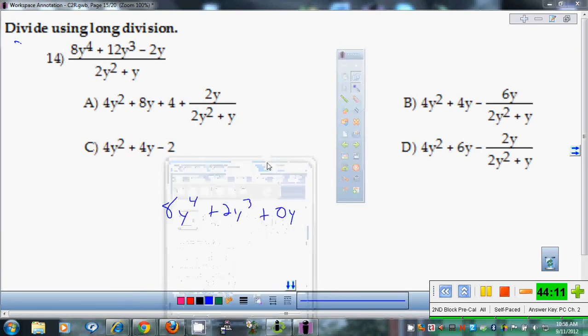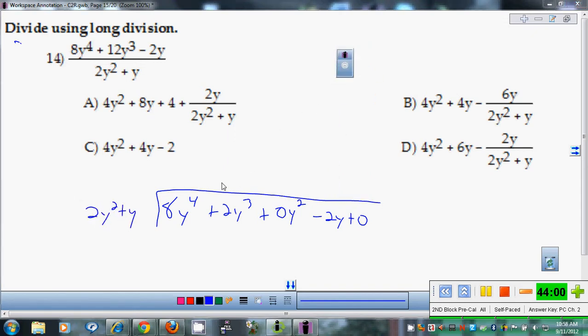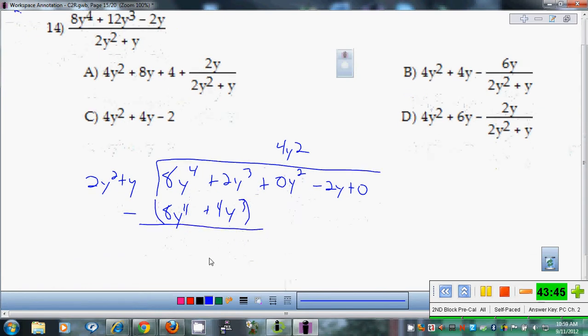Thank you. So you set up your long division, putting in zeros for any missing terms. Alright, then you said you got 4y squared. That's exactly what I got. Multiply it back through. 8y to the 4th plus 4y cubed. Subtract. Then what did you get when you subtracted?